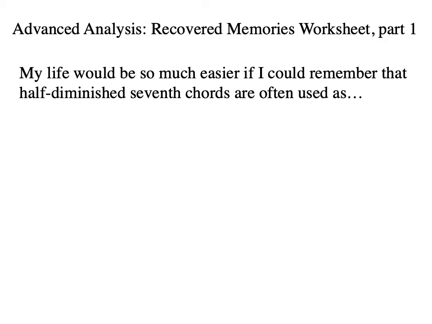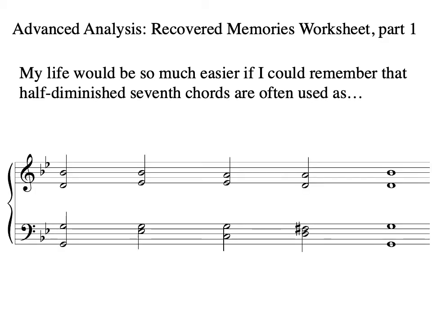Instead, the favored way to use half diminished 7th chords is like we see happening in this passage right here, which I hope I can read. It's very small on my screen, but it sounds like this. Here it is again. That makes perfect musical sense, by the way, doesn't it?